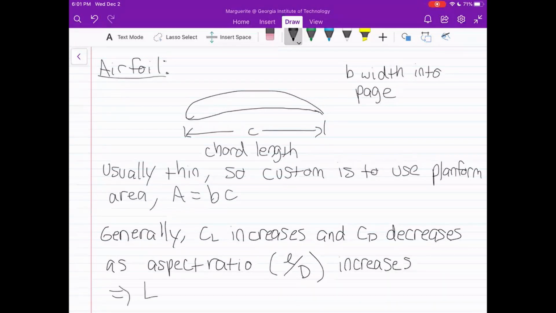And so for this reason, long wings are better. A long wing will have a really high aspect ratio. That means you're going to have high lift, which is good if you're on a plane, you'd like it to get off the ground, and it's going to have low drag, which is going to make it fuel efficient.